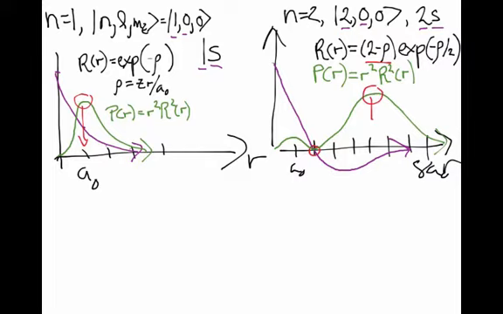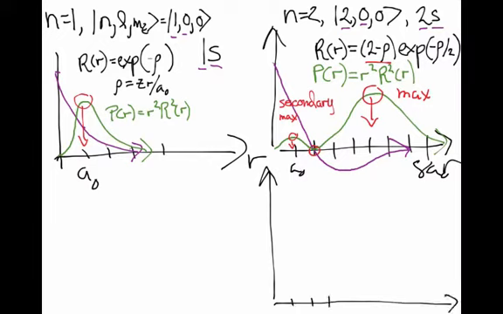Now obviously we're going to look at our maximum and our secondary maximum. That secondary maximum is really, really important, and it's going to come up a lot. But right now, for a single electron hydrogen atom, it actually doesn't matter very much, but it's going to matter a lot a little bit later on.